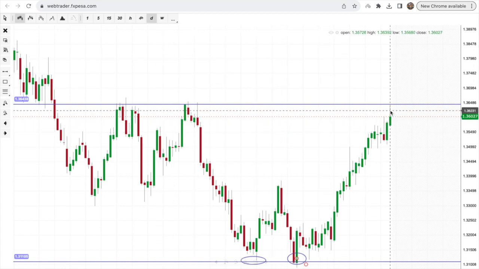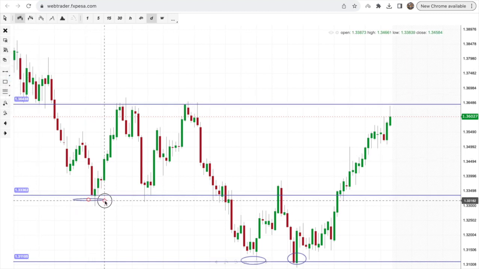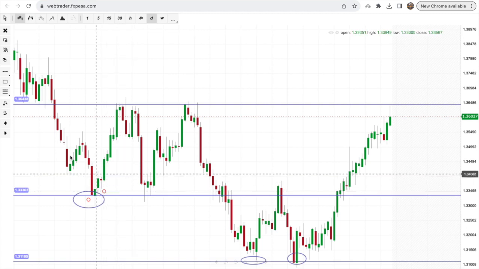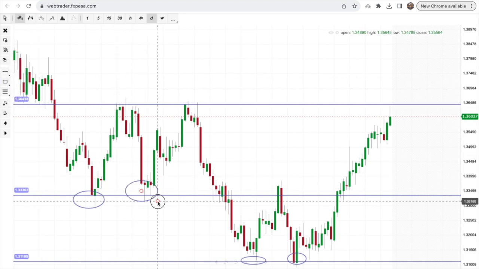So again, see that? It's going to hit that level, and you expect some kind of reaction at that level as well. You can even see the same play around here as well. Before, same play around there. Look at how amazing that is. Market comes, hits that level. Again, market comes, hits that level.